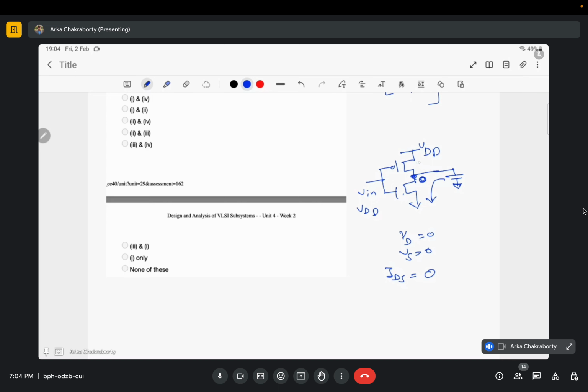And here the charging current was already 0. So at equilibrium, you can think my inverter is trying to bring both the currents, for a matched inverter where PMOS W is twice of NMOS, to be equal at all times. So this output voltage would change accordingly so that I get equal charging and discharging current.